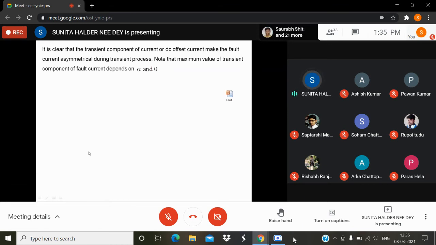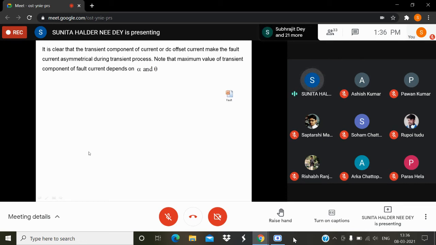An asymmetrical fault means the three phases are not facing the abnormality in the same way, so their currents are not balanced. Here this thing will happen in all three phases because their currents will change in similar nature, but each current has asymmetry about the time axis.